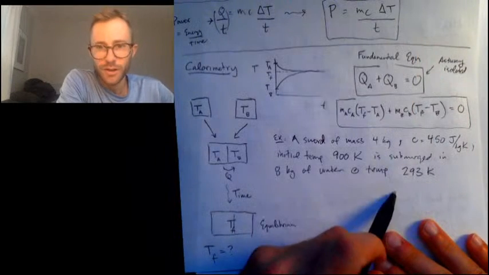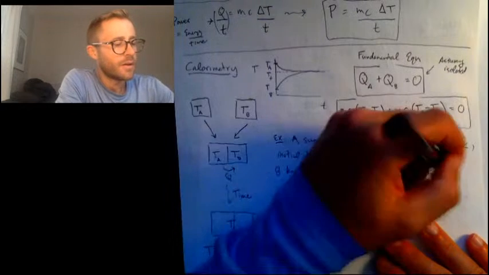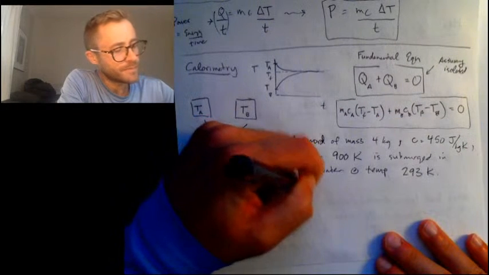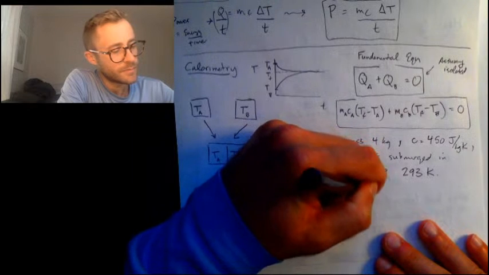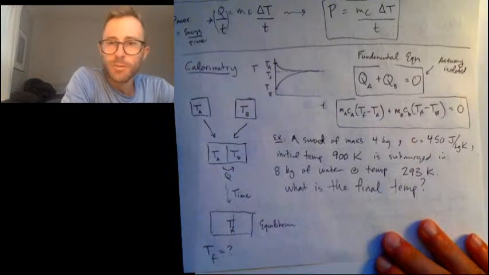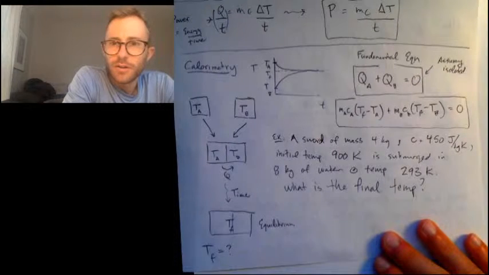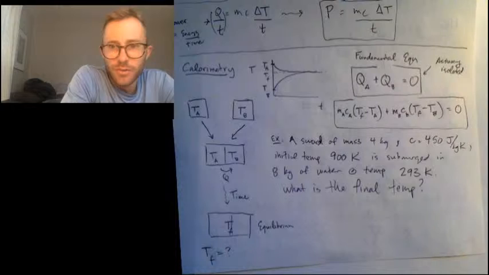So 293 Kelvin is room temperature in Kelvin. All right. What is the final temperature? So we're going to be using this equation here. This is a fairly realistic example.